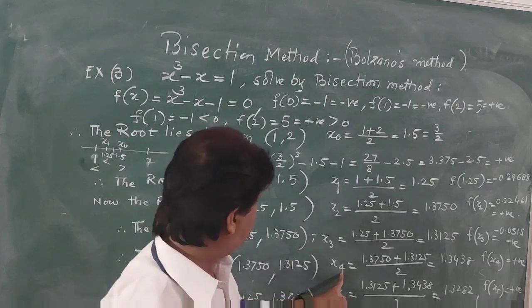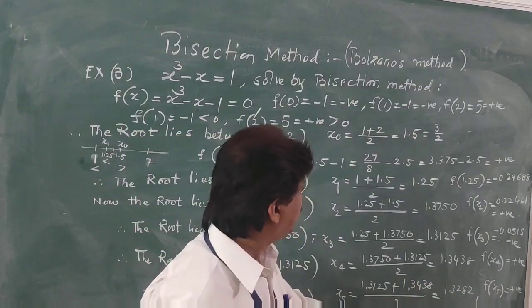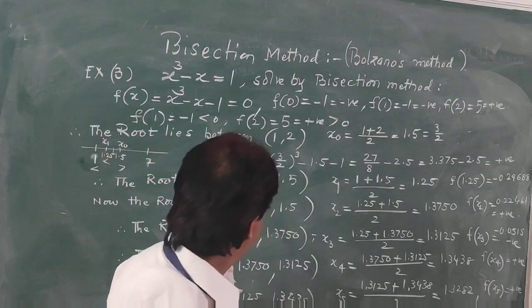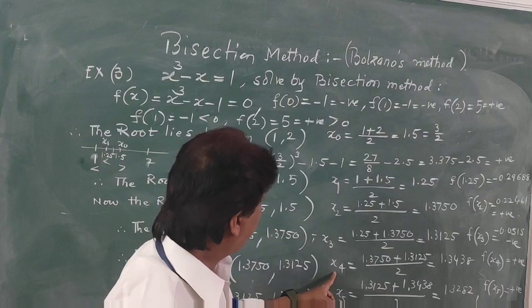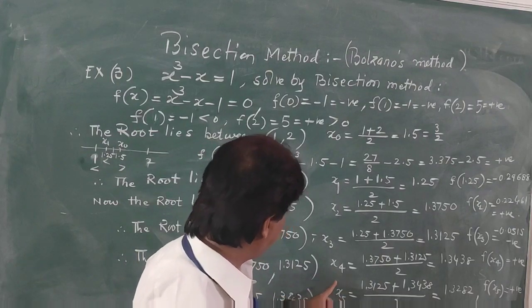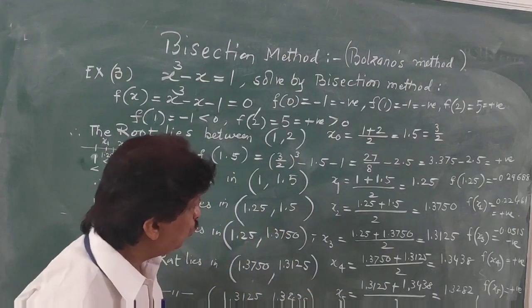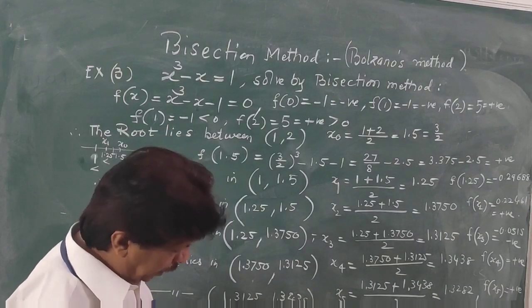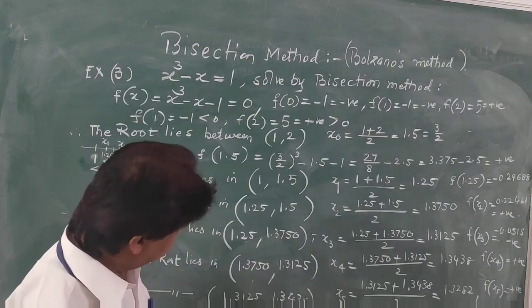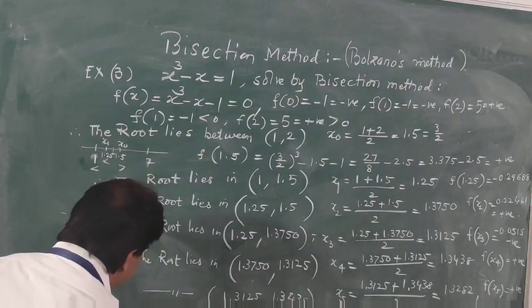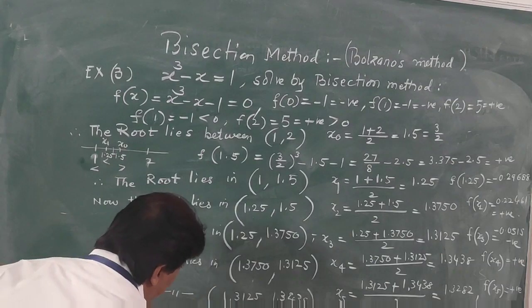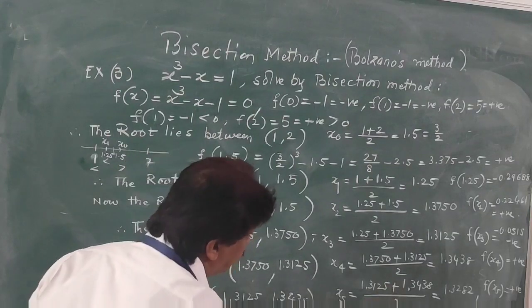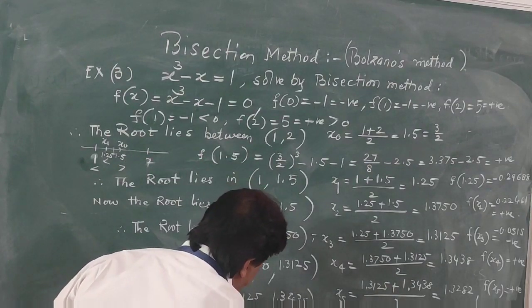For x4 it was positive. For x5 it is positive. But for x3, 1.3125, it was negative. What does it mean? The root lies in 1.3125, because the f value of this is negative, and this is 1.328.